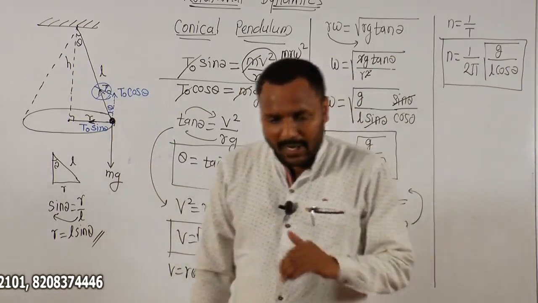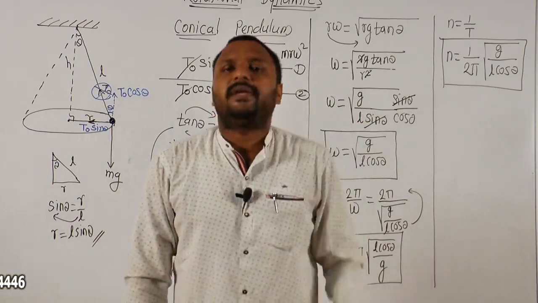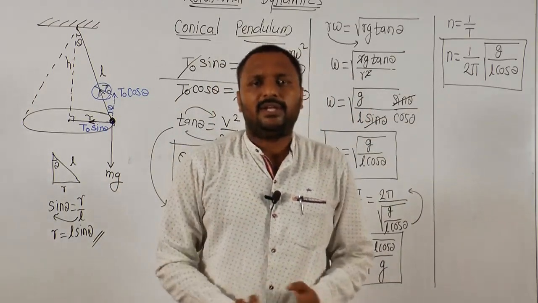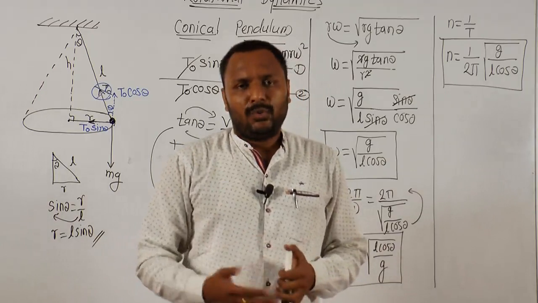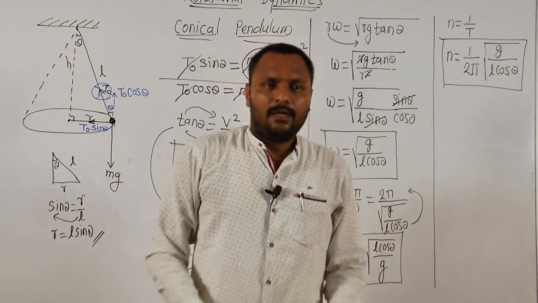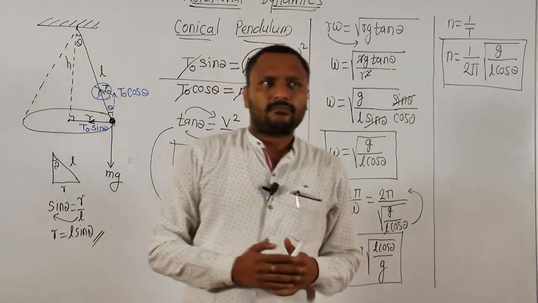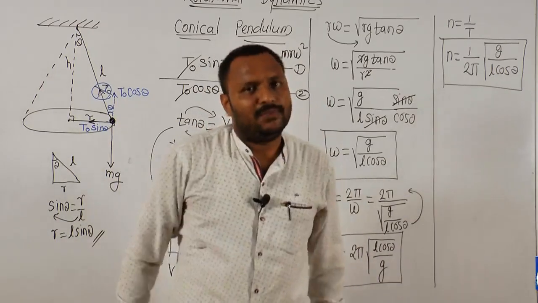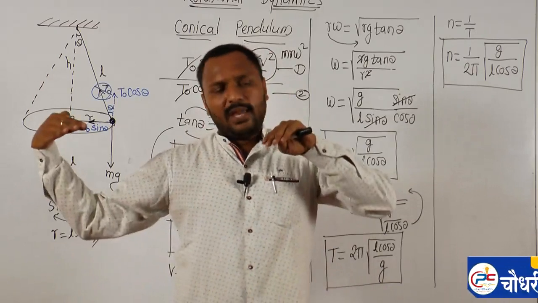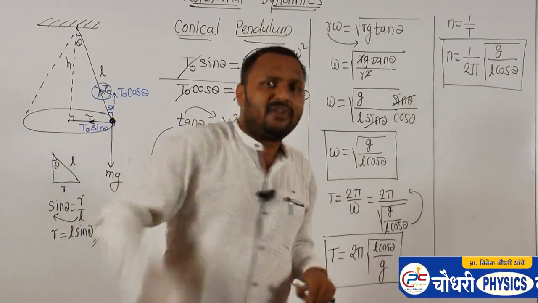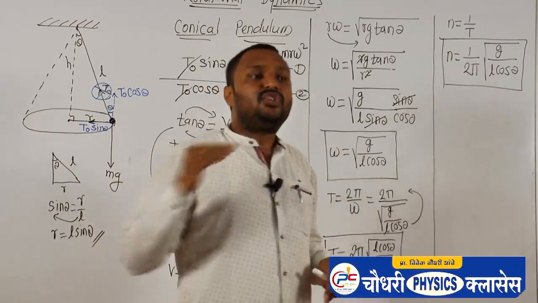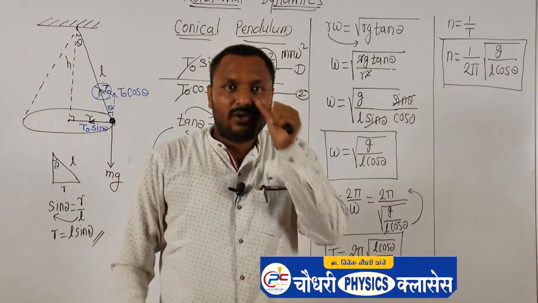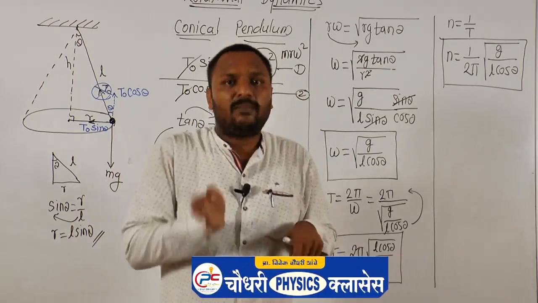Now we discuss one more application, on which one example or numerical is asked. Which example is this? If we are moving on a road and there is a speed breaker, and the vehicle moves with some greater velocity, then that vehicle will jump on this speed breaker on this curved path.